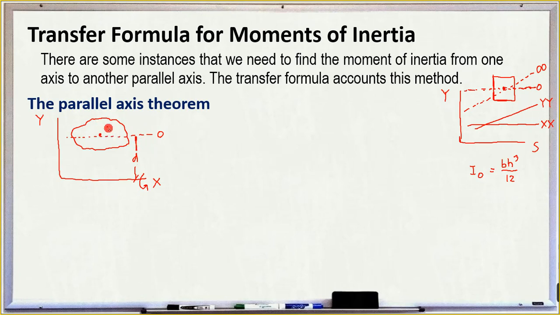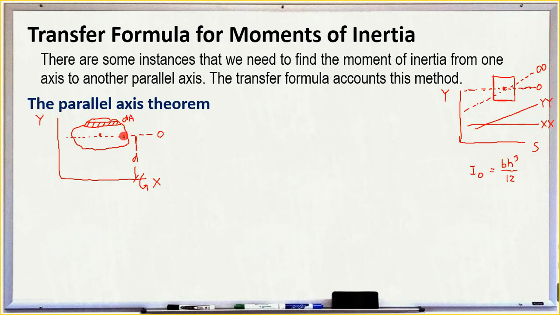Now, since this is a complex object, we use integration. Meaning we select a small area, and that area should be parallel to our chosen axis. Our axis is along the x-axis, so we put a rectangular strip. It has an area of dA.